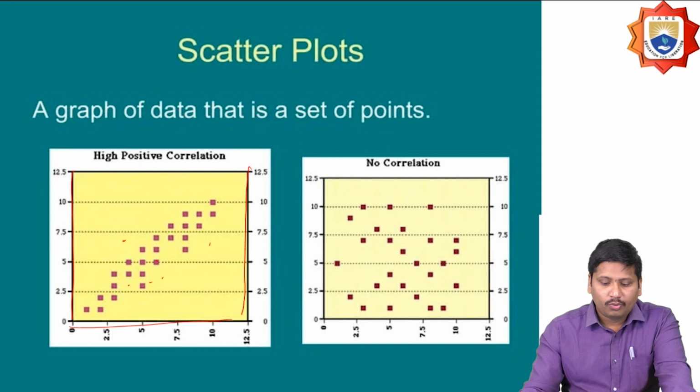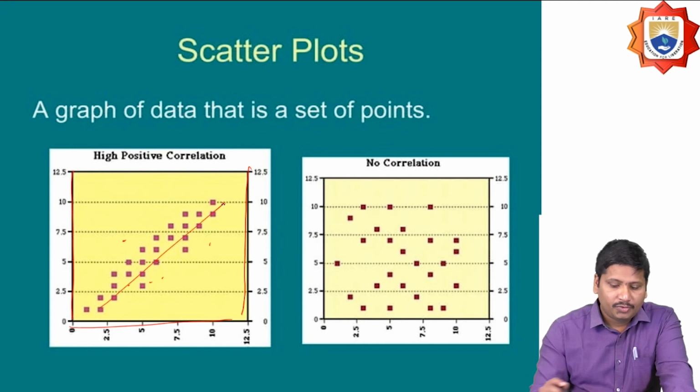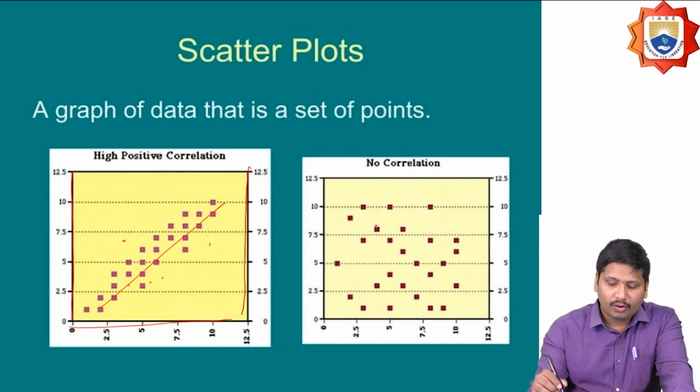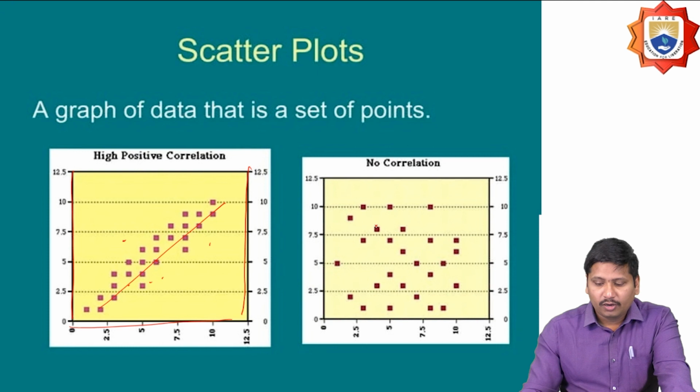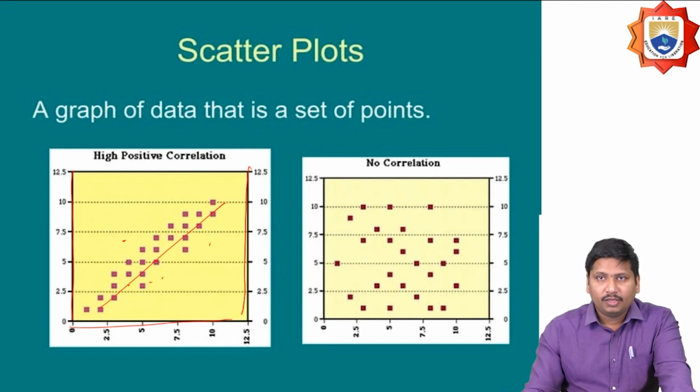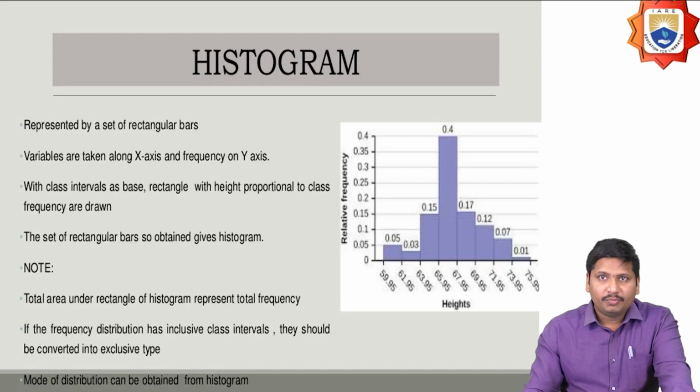If all the dots lie linearly, then there is a high positive correlation. And if the dots are in different locations of the graph, then there is no relation between them. So these are some of the different types of graphs here.